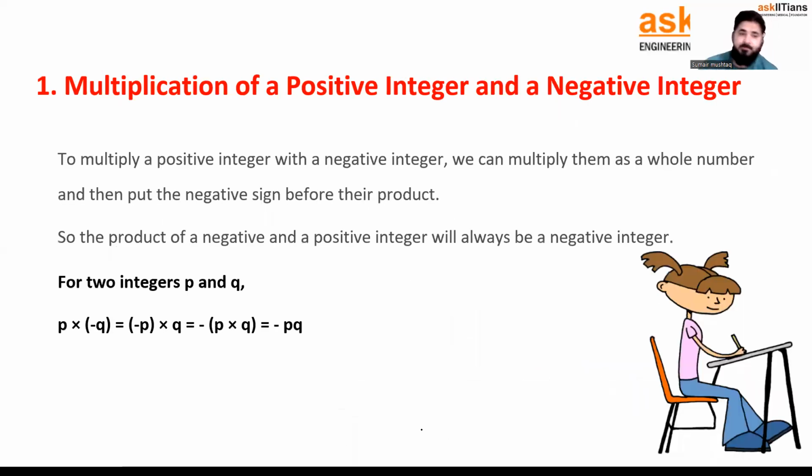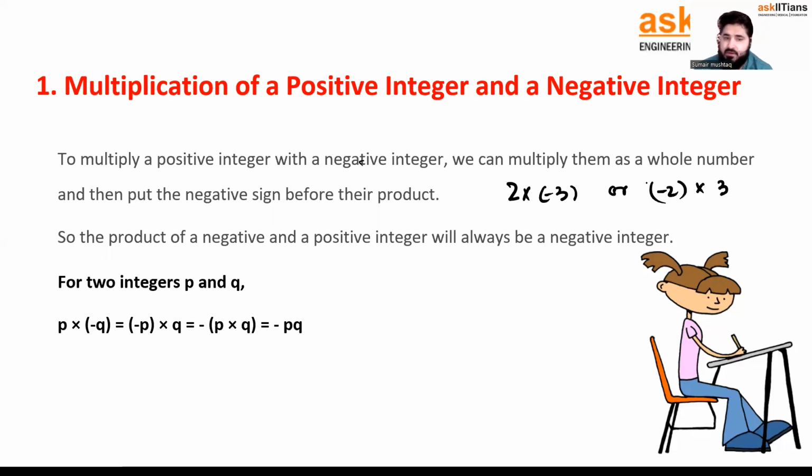Now see, to multiply a positive integer with a negative integer, we multiply them as whole numbers and then put the negative sign before the product. See, what is it saying? Suppose you have to multiply 2 multiplied by negative 3, or negative 2 multiplied by 3.